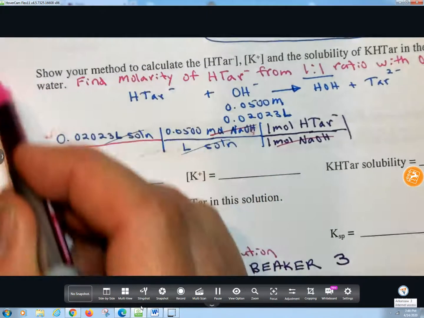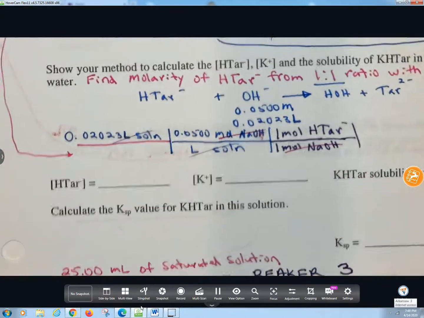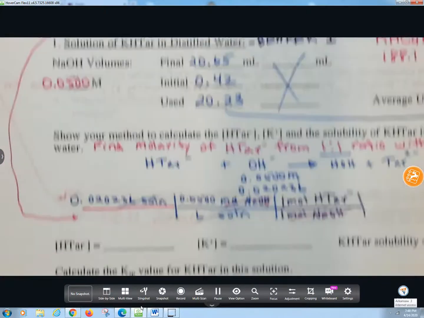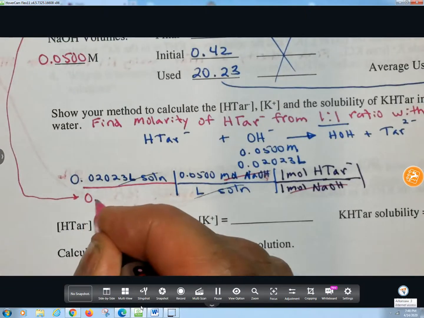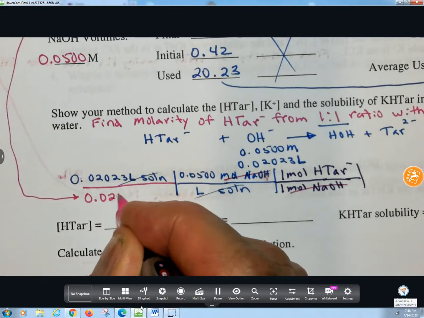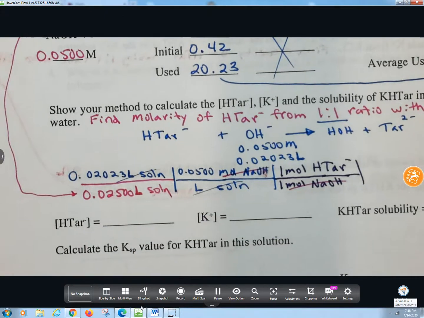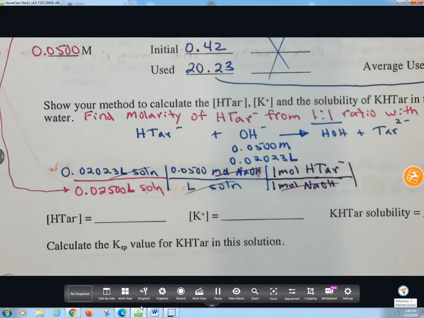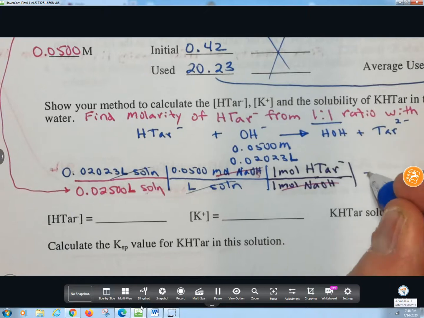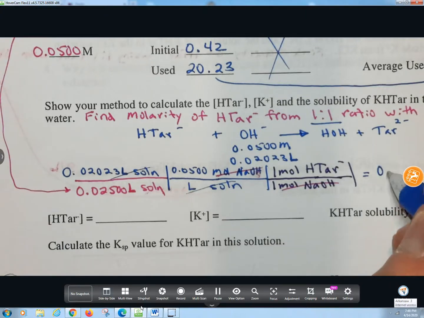Put your liters down below. 25 milliliters, right? 0.02500 liters of solution. Isn't that molarity? That is the molarity of my HTar solution, and that molarity comes out to be 0.0405 molarity HTar.